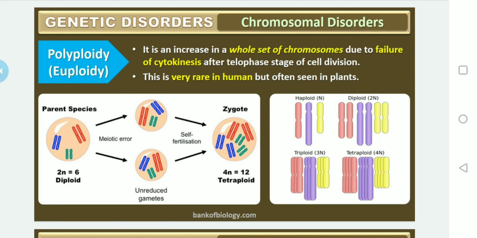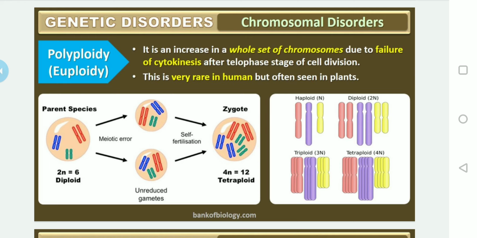The 4n will become 12. So finally, it should remain diploid in the normal case, but in abnormal polyploidy, diploid becomes tetraploid, 4n equals 12. So this is abnormal, right? Yes, that is what we call polyploidy or euploidy.